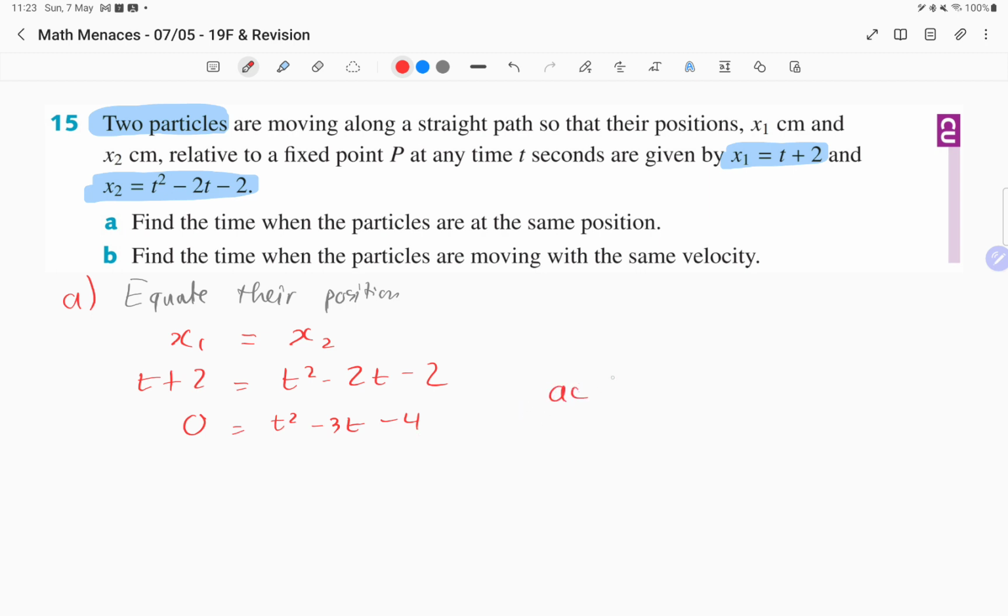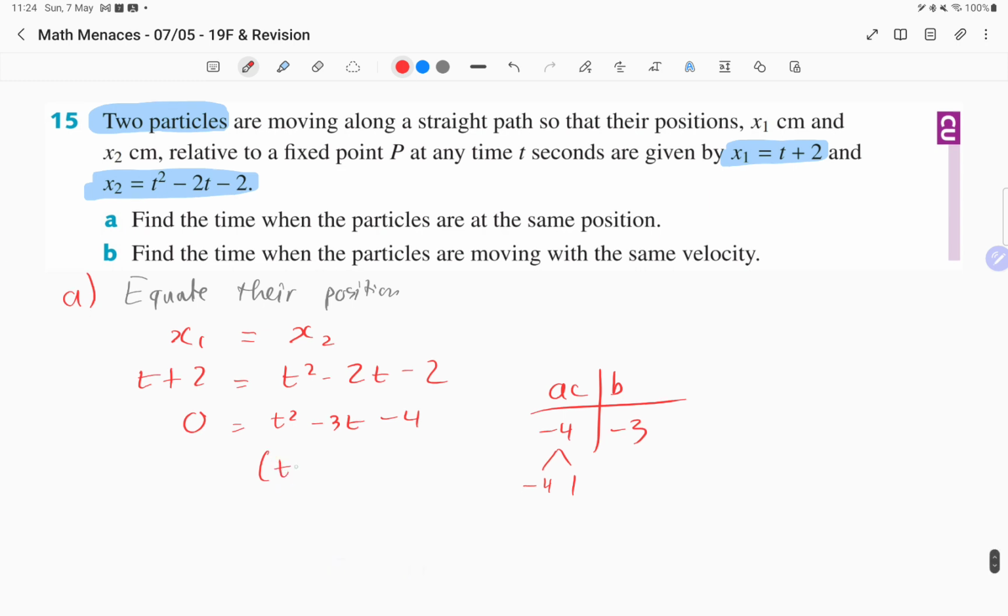So the factors would be -4 and +1. It doesn't matter which order, as long as you get t plus 1 and t minus 4, you would get the answer.